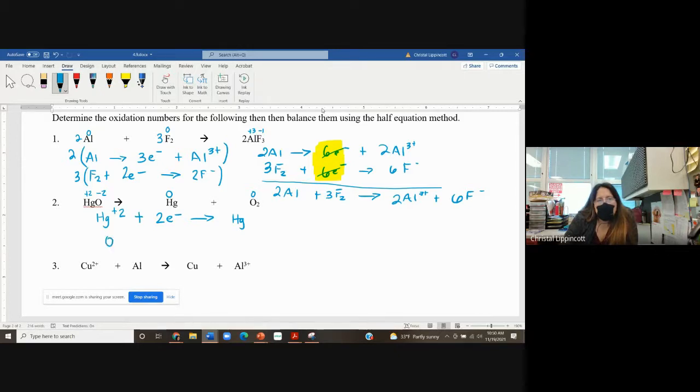Oxygen then, which is a 2-, is going to give off 2 electrons and form O2. This would be 2 of these. So they would actually be given off, is that right? 4 electrons, right?